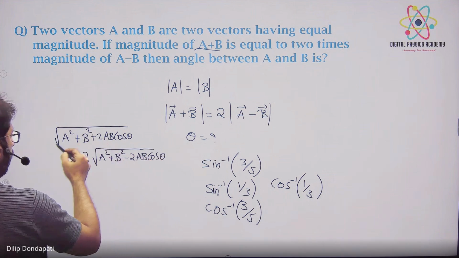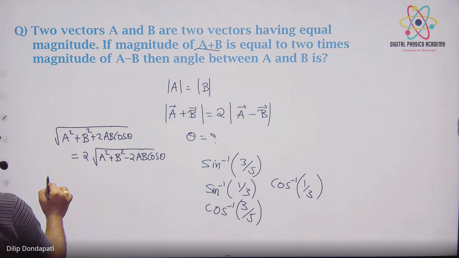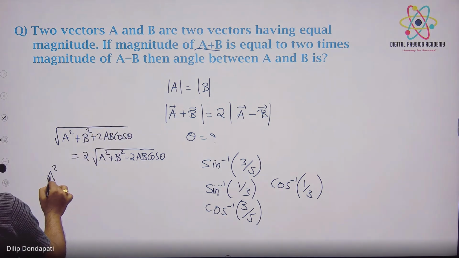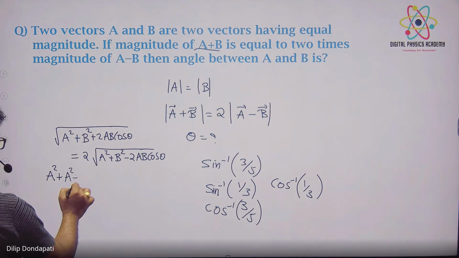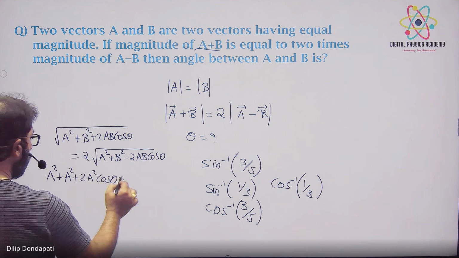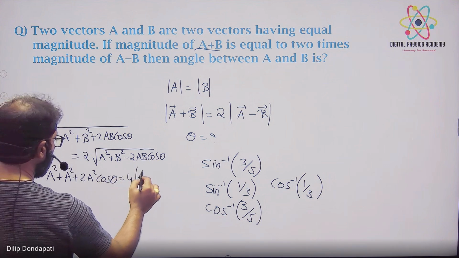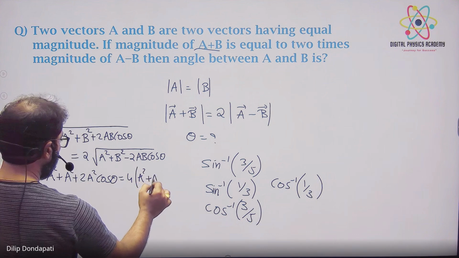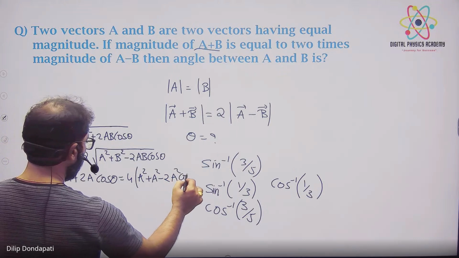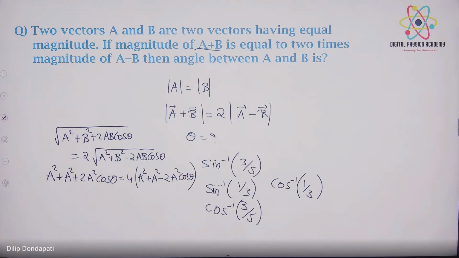So to remove the root, we square both sides and substitute A. Now I am putting A in place of mod B. So A square plus A square plus 2A square cos theta is equal to 4 times of A square plus A square minus 2A square cos theta. So bring on one side.